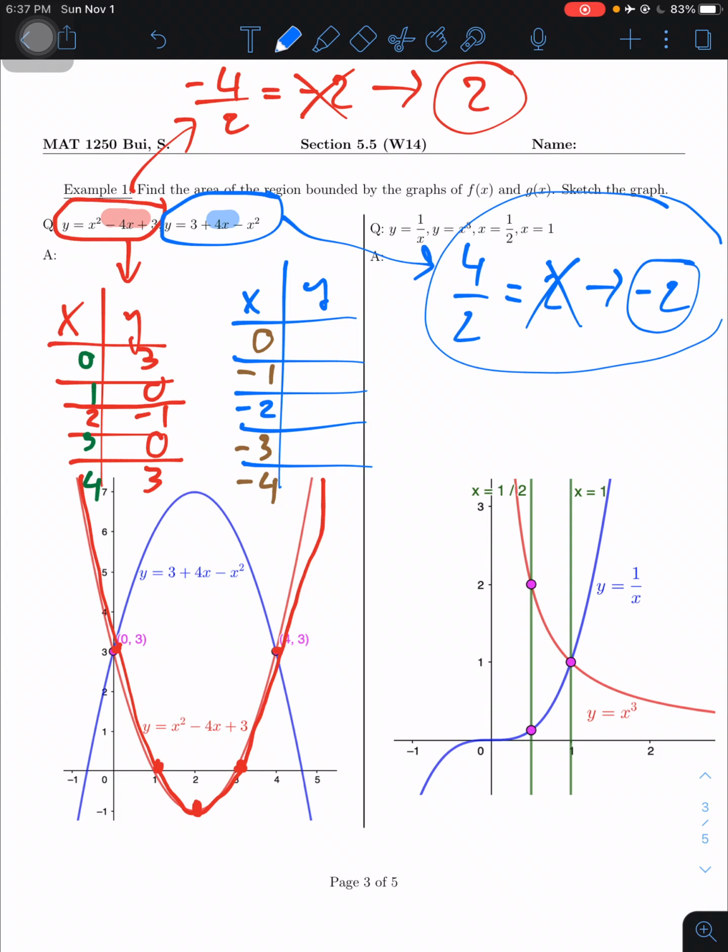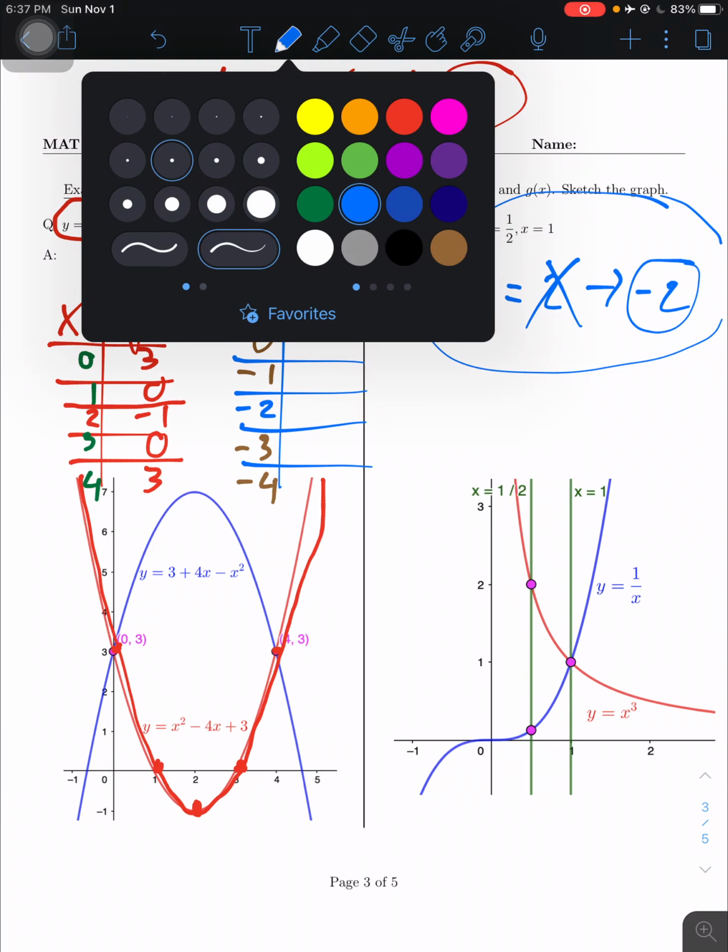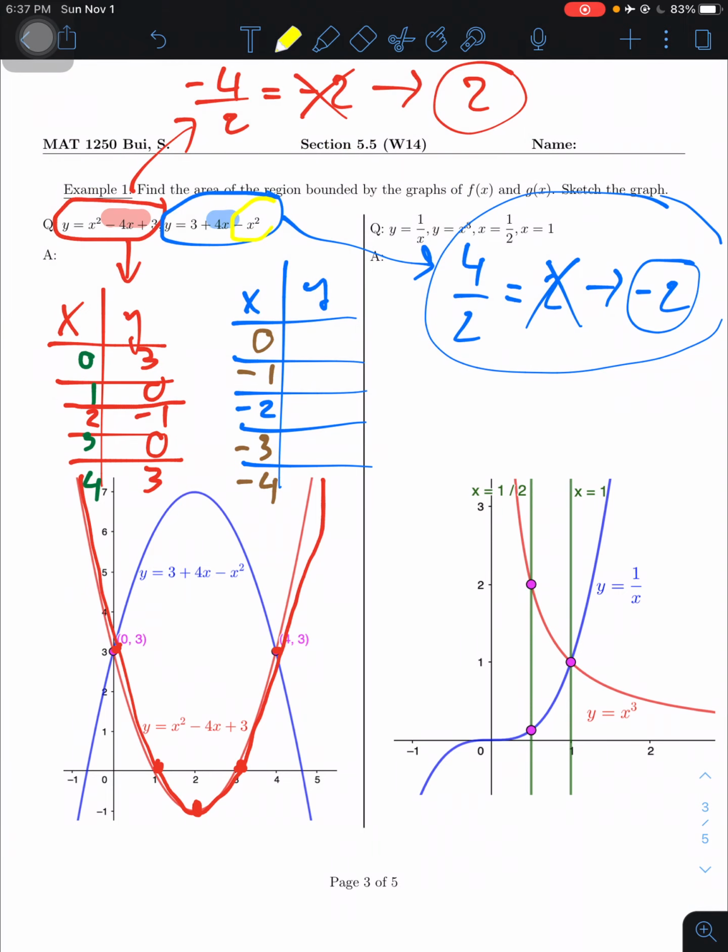And I know why it's wrong. It's because of this negative xy in here. If you have a negative in front, it's going to be a double negative. So this one in here, you have to change it again into a positive 2.